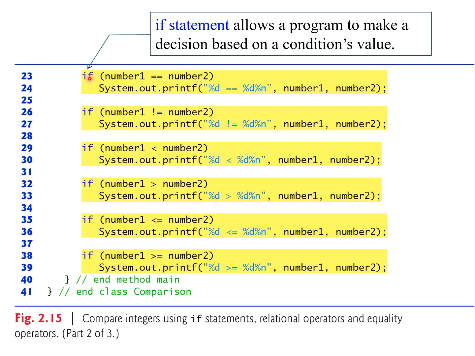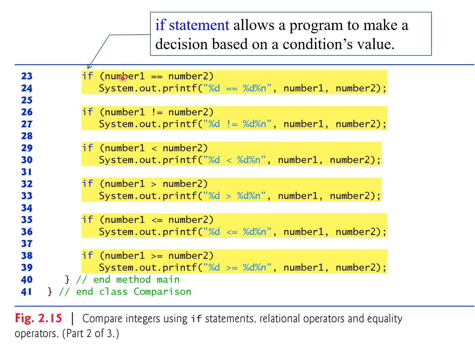In Java, the if selection statement allows a program to make a decision based on a condition's value. The if statement starts with the keyword if, followed by the condition, which is in parentheses. And we also need to specify the statement that will execute if the condition value is true. We will discuss more about the if statement later in the next lecture.